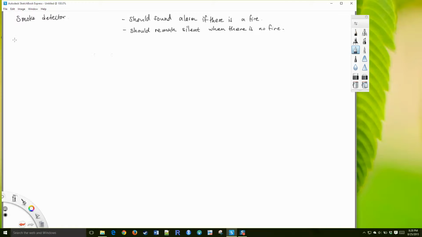Okay, so the default mode, default state is silent or alarm. Silent, right? It's only if there's enough evidence to convince the smoke detector that there is a fire that it sounds the alarm. Okay, so that means it is assuming what? That there is a fire or there is no fire. Yeah, so it assumes the null hypothesis is that there's no fire, and the alternative is that there is a fire.